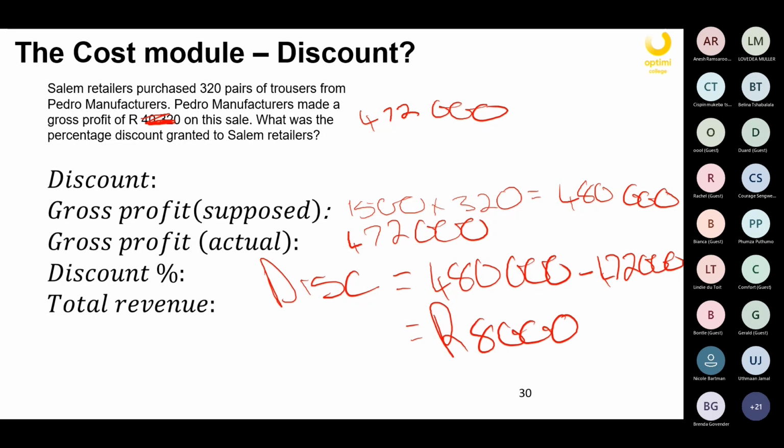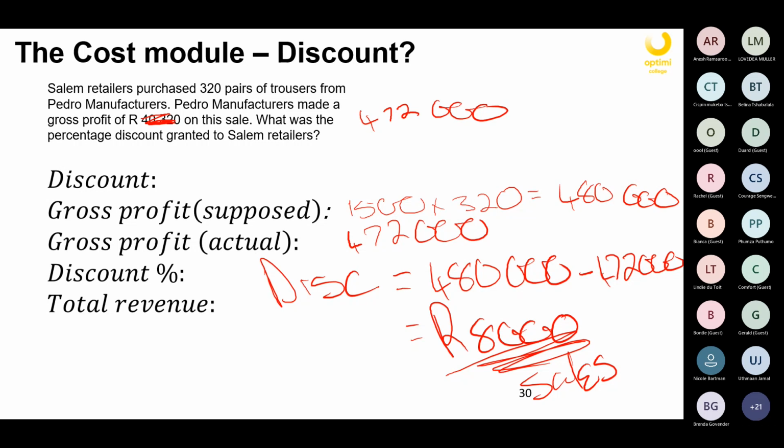And now they want you to calculate the 8,000 as a percentage, but as a percentage of what? The percentage is now the discount divided by the sales order revenue. And the sales order revenue is 3,000 times 320, and that is 960,000.